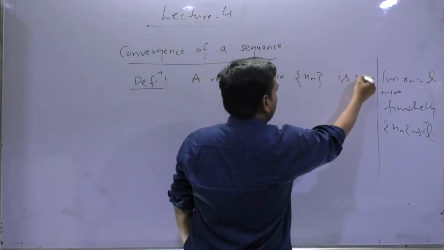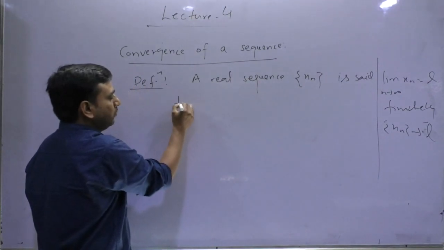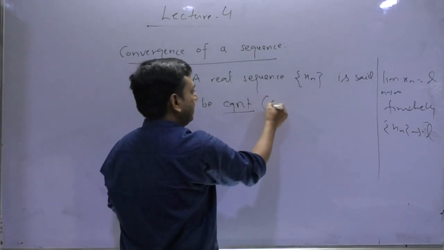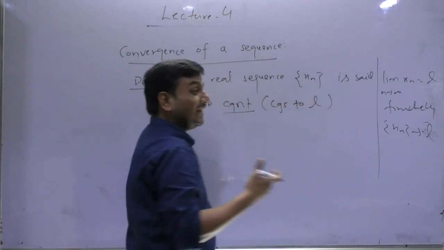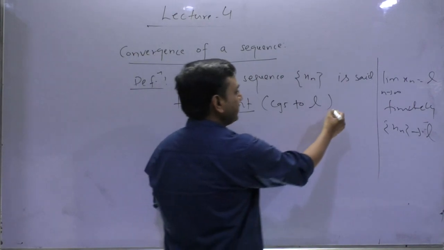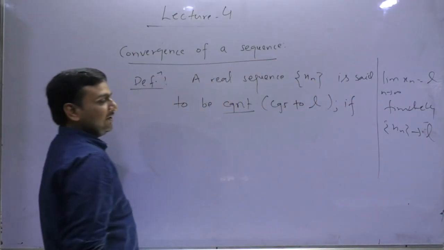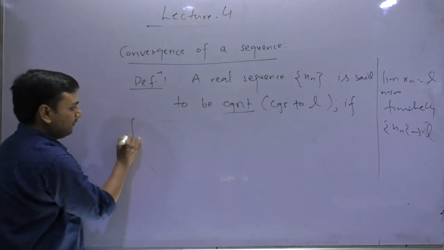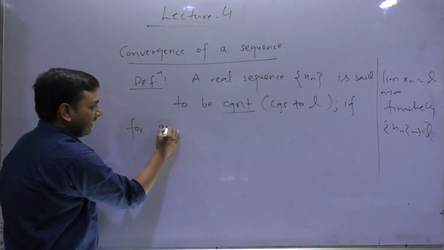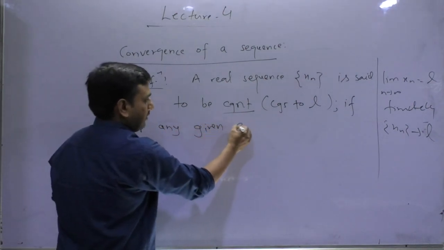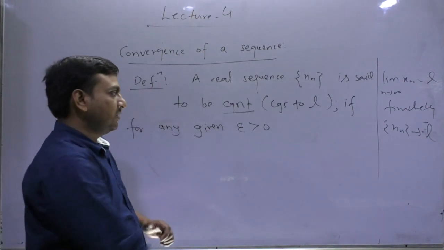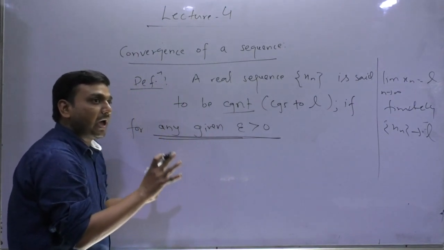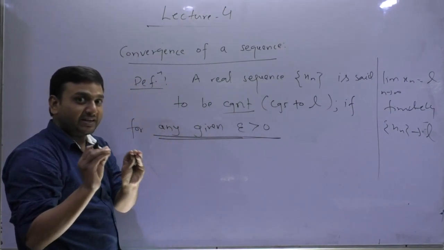So let's say a real sequence xn is said to be convergent, or you can say converges, to some real number L. Now the story starts. If for any given epsilon greater than 0, please focus here, any given epsilon, these words will matter for you.